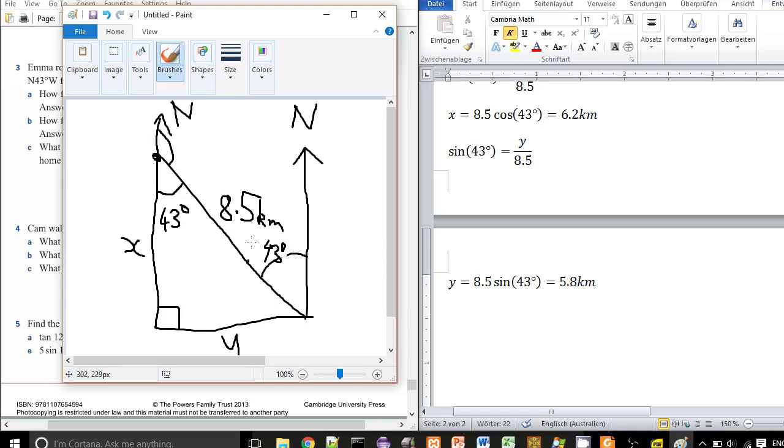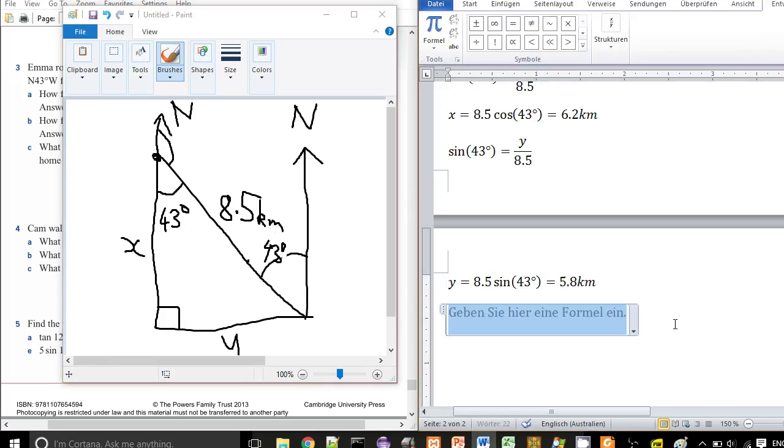These two angles are co-interior. This happens a lot when you've got north here. So 180 minus 43 is 137 degrees. That's the answer because it's north and then going east, like clockwise. I like putting a T to say that it's true bearings.